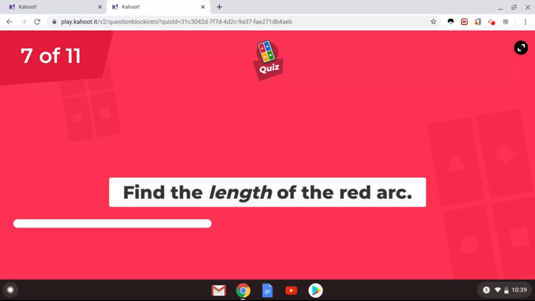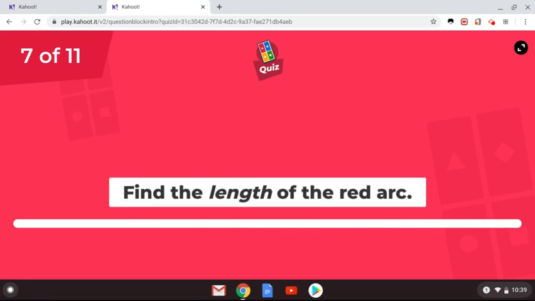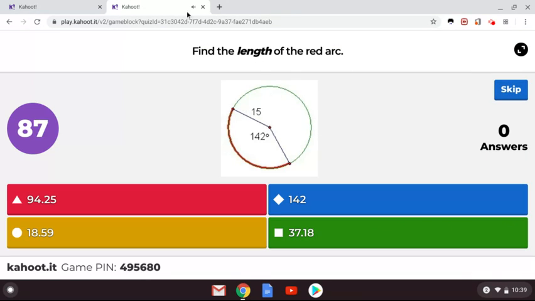Find the length of the red arc. Okay, so it's the same thing.